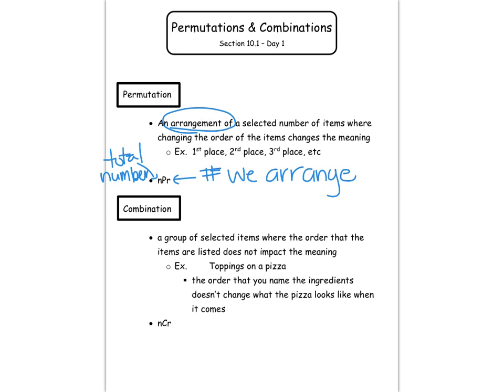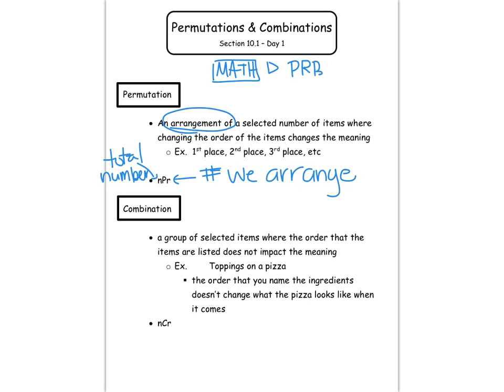That's the symbol we're going to look for in our calculator as well in order to do the problem. In the TIs, you're going to look for your math button, and then you're going to have to arrow over to the probability PRB list in order to find nPr as your symbol.